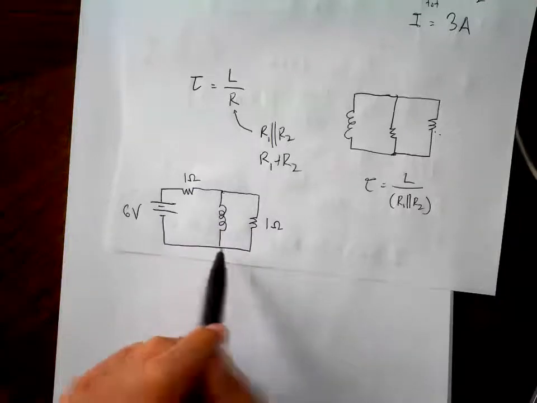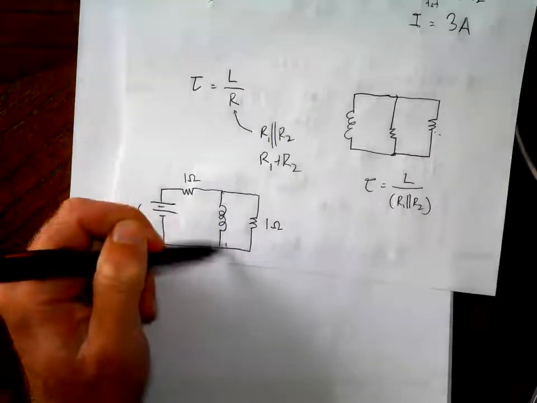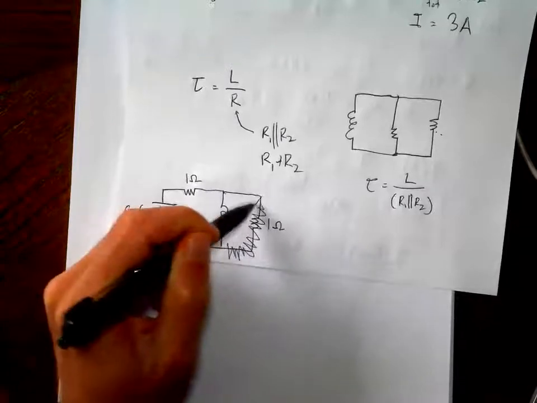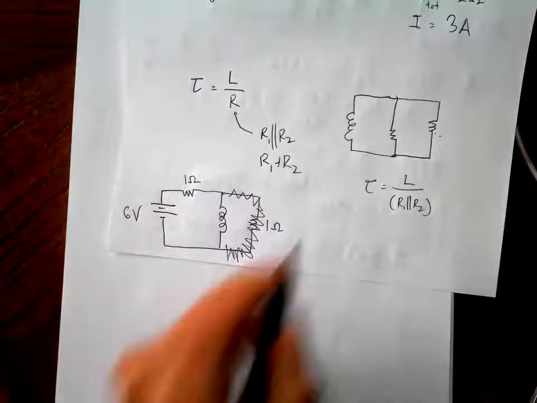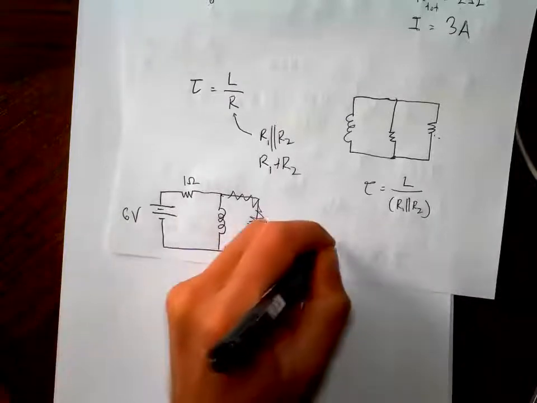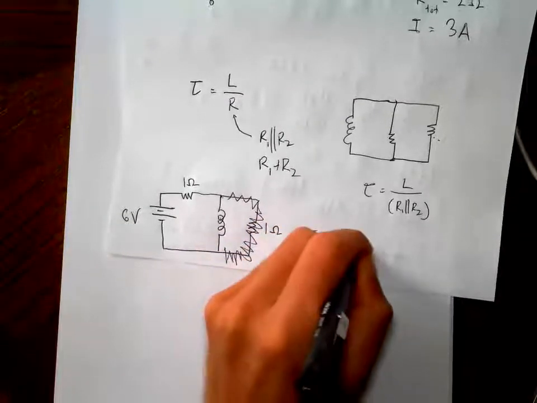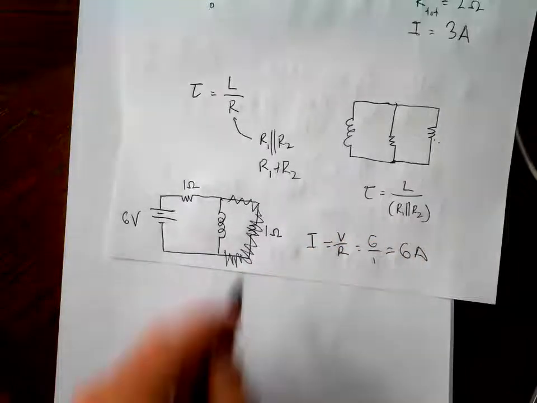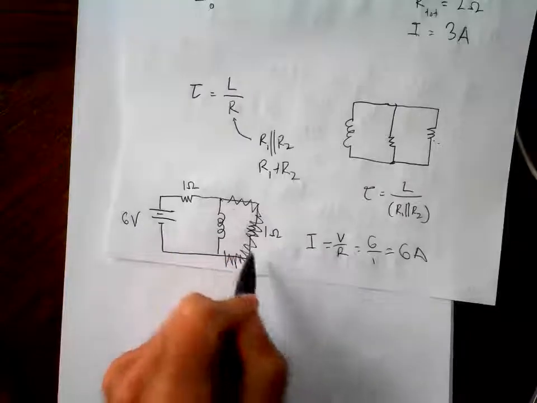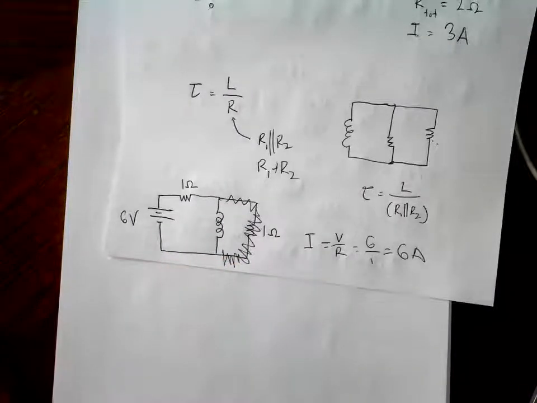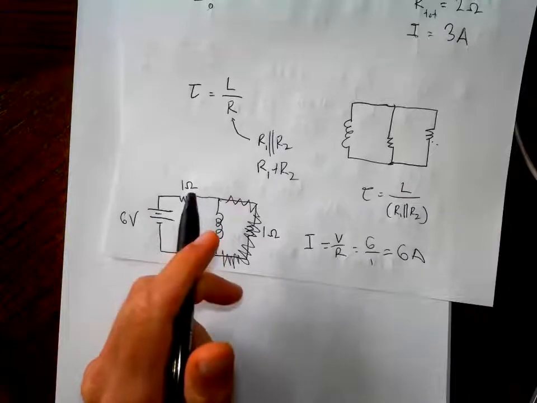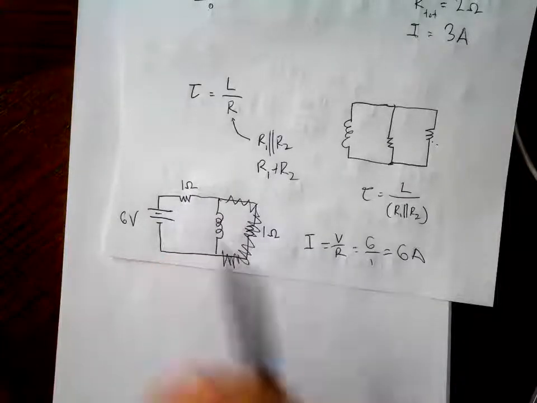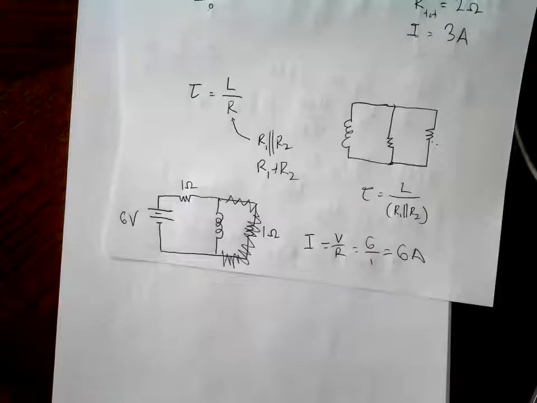So this resistor is basically made irrelevant by the inductor. The amount of current that flows would be V over R. It would be 6 over 1. 6 amps would be flowing through the inductor. None of it would be flowing through that 1 ohm resistor. I wanted to point that out because the inductor isn't in series with anything. In this case, it's in parallel with something else.